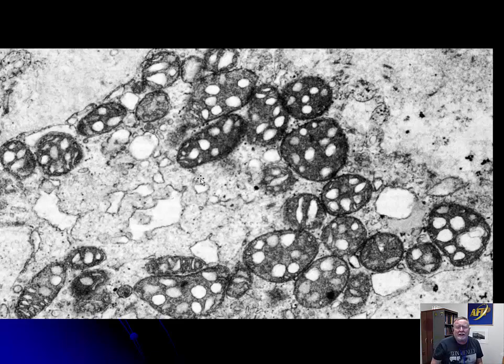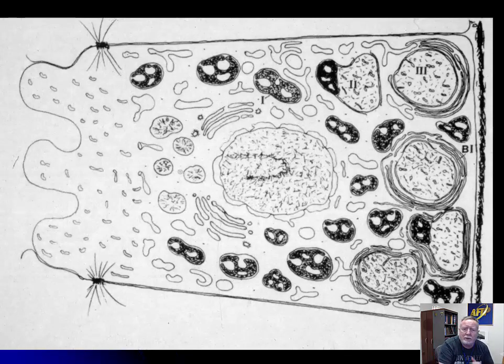Now, this is pretty much the end of the reversible change. We're about to go into some irreversible changes where that cell is really not going to be able to come back due to the damage. And so as we move forward, we start to see a couple of other changes.